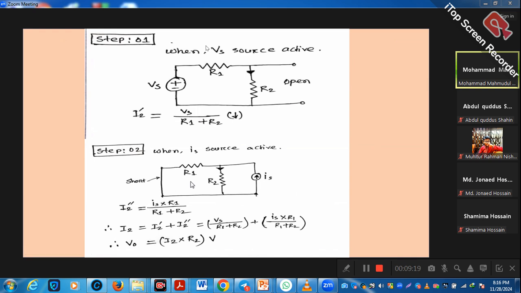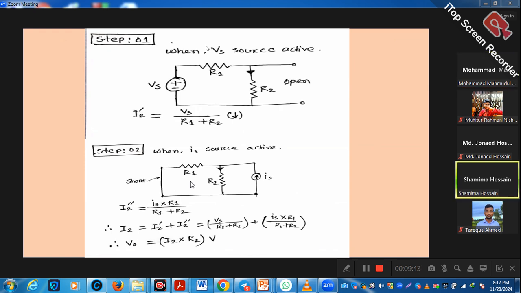Okay, Shamima, if there is a voltage control current source in a circuit, and if we apply the superposition principle, what will happen? Will the voltage control current source be short circuit or open circuit? Sir, again question please.